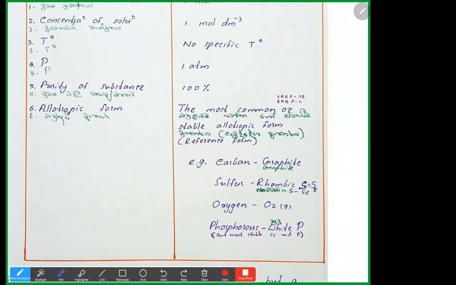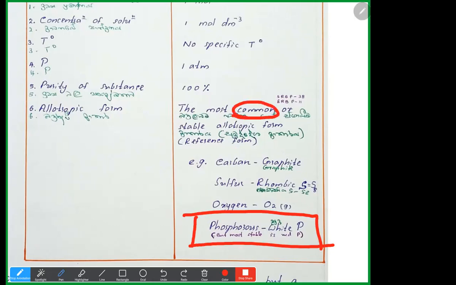As an example, carbon graphite, sulfur rhombic sulfur S8, and oxygen O2 we consider as standard forms of these elements. All these three are the most stable in nature. But if we talk about phosphorus, white phosphorus is taken as the standard, which is the most abundant one. So either we can say most common or stable.